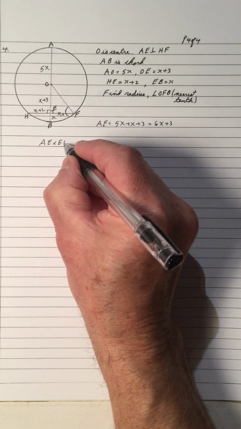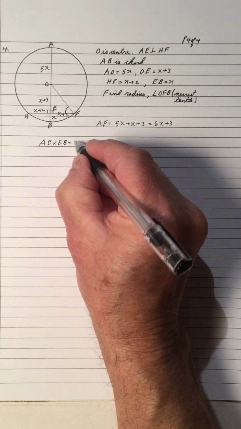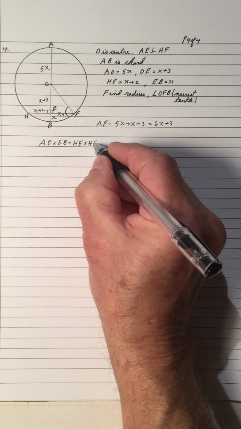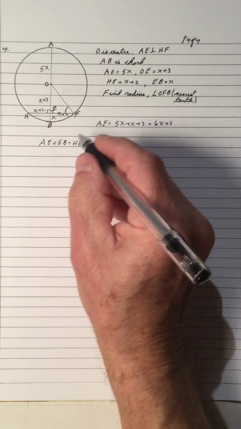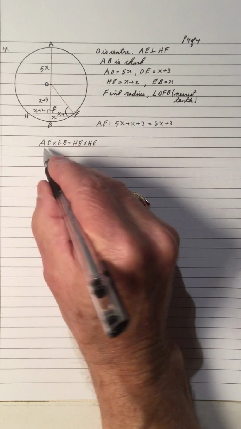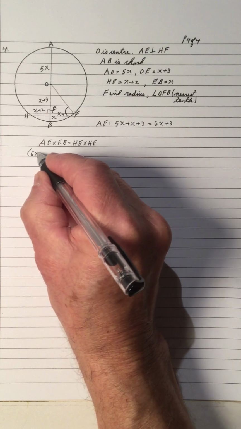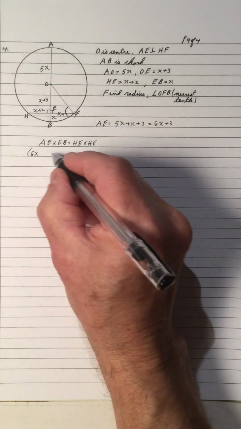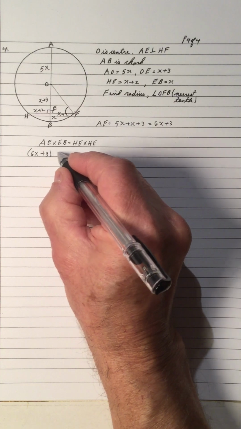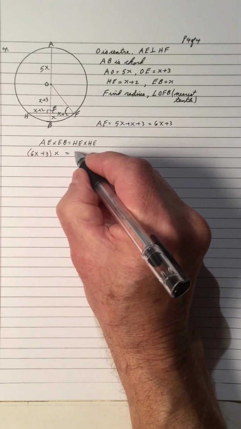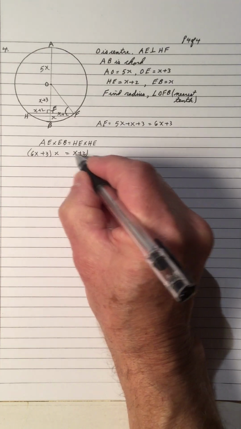So that means that we have AE times EB is equal to HE times FE, the product of the chords. AE is 6x plus 3. EB is x. HE is x plus 2.